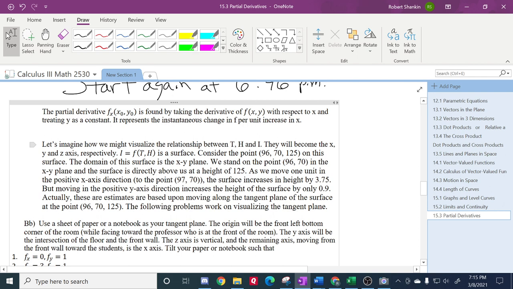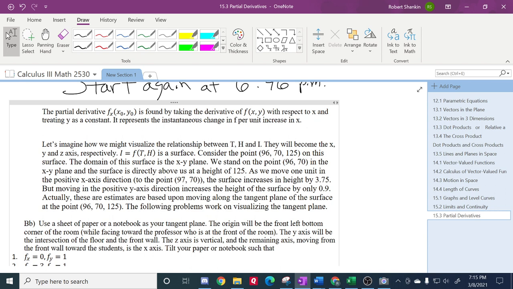Actually, these estimates are based upon moving along what we call the tangent plane of the surface at the point (96, 70, 125). Remember in Calculus 1, there were tangent lines for a function. That gets replaced now by a tangent plane.